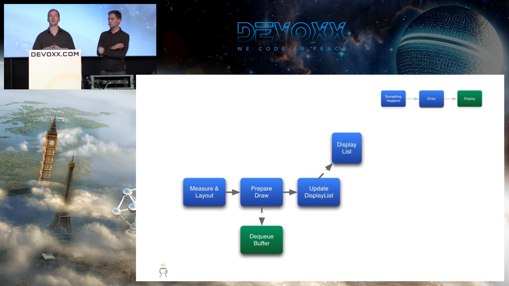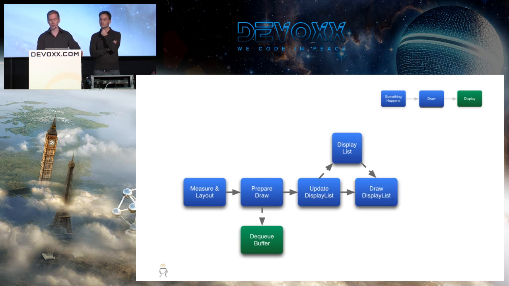We have an intermediate data structure that we use to process all the information about what to draw, and we turn it into this intermediate language that says, okay, here's all the drawing commands, and then later on we turn that into OpenGL commands. So we update the display list, which means draw all this stuff into the display list. And then we draw the display list, so we actually execute those commands, which turns it into then OpenGL commands that get sent to the GPU.